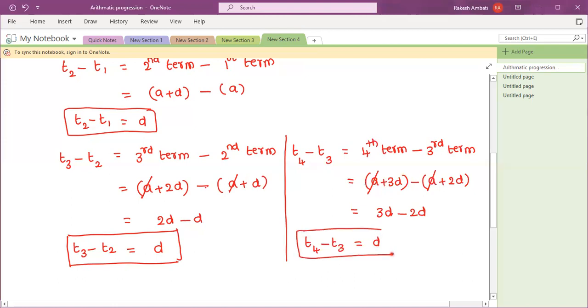So what is the meaning of arithmetic progression? See here, the difference of two successive terms is equal to d.